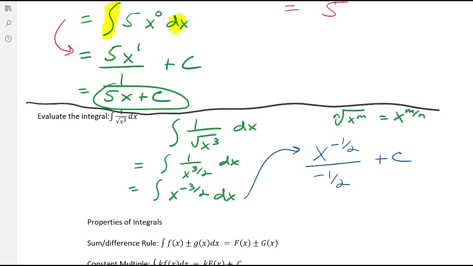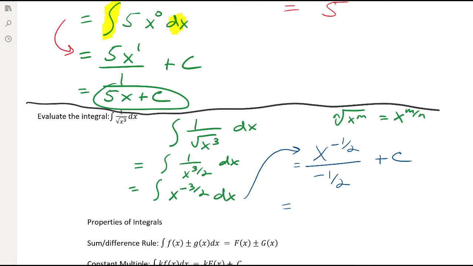Okay? Now, the next step I want you guys to get in the habit of doing is remembering how we divide fractions. Remember, we actually don't divide fractions. We multiply the fractions by the reciprocal of the denominator. So taking x to the negative 1/2 and dividing it by negative 1/2 is the same thing as multiplying the numerator by the reciprocal of the denominator.